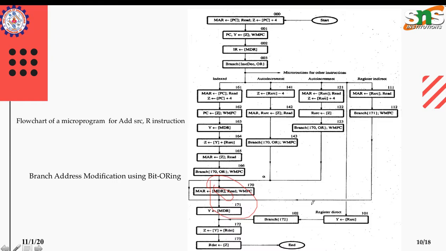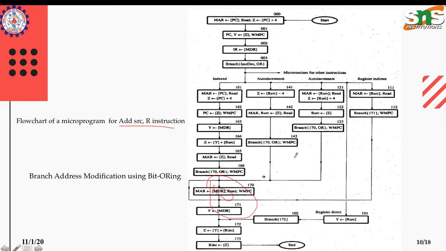These are the micro instructions to execute a single instruction, is it not? Address add source comma r. If it falls into one of the 5 different addressing modes, branching is involved.